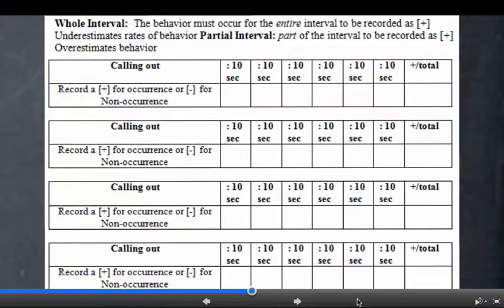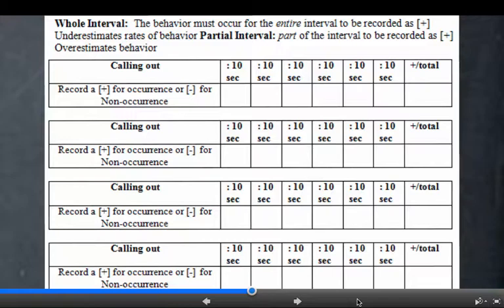So for that reason, this is what's referred to as an overestimation of a behavior, because you got a plus, but I overestimated what you actually did. So that's one of the considerations when using the partial interval count.